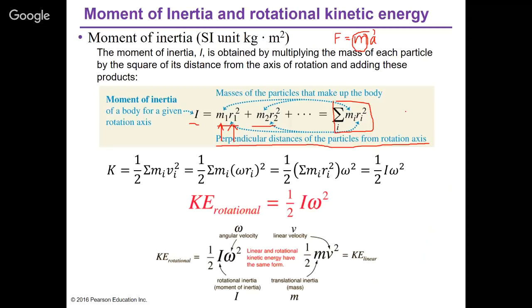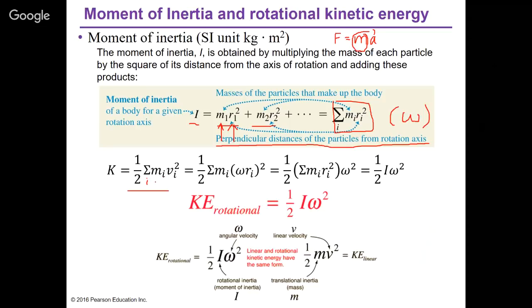Then let's look at the case when this particle system is revolving around a fixed axis with an angular speed of omega. The total kinetic energy is half m v squared summed over all the i's.